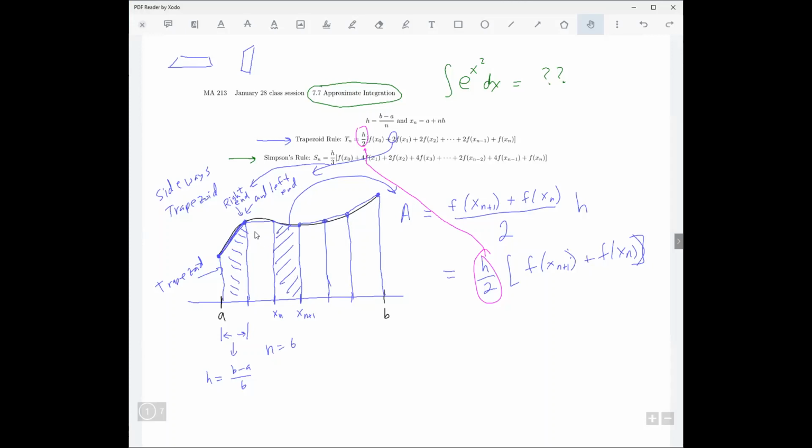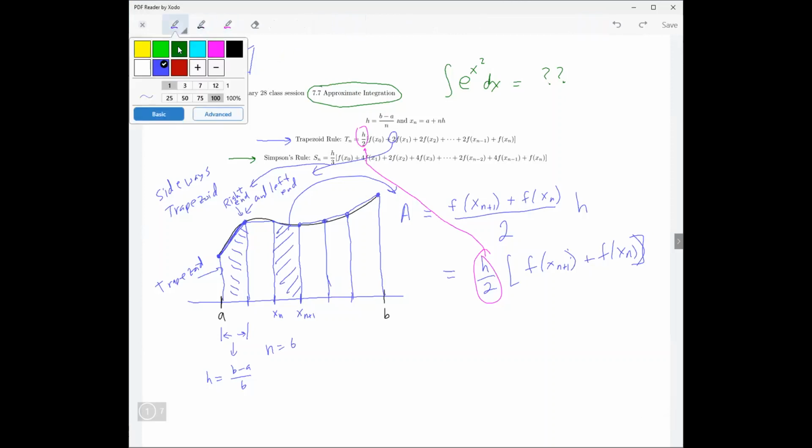Then just do lines for each subinterval, integrate under each of the lines, and add all those integrals up. And that's going to be the trapezoid rule. So maybe I should write that down. Another way to think about it is trapezoid rule.